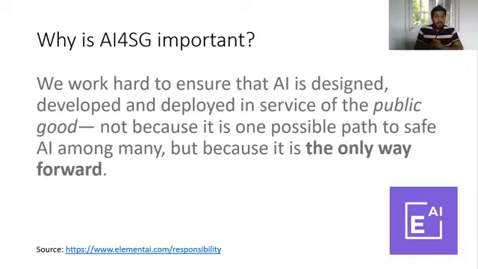They say we work hard to ensure that AI is designed, developed, and deployed in service of the public good, not because it is one possible path to AI among many, but because it is the only way. There is some truth to this, because if we want to make sure that AI leads to progress in the whole society, we need to make sure that the niche problems we solve do not cause a ripple effect that will cause a lot of negative impact in the complex system of the society.